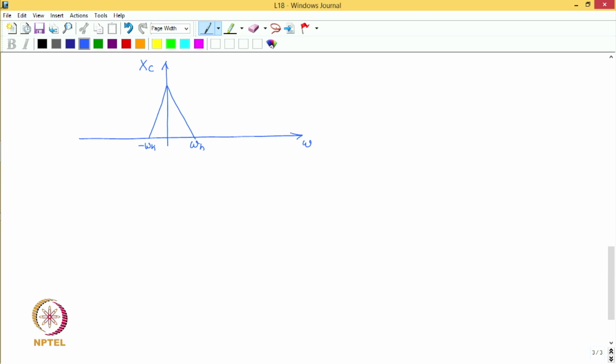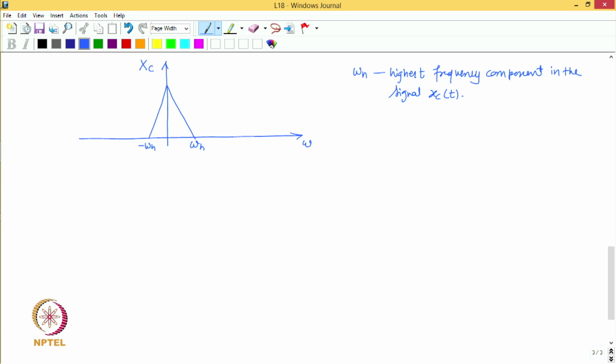This spectrum we are showing on the positive and negative frequency axes. So omega_h is the highest frequency component present in the signal.